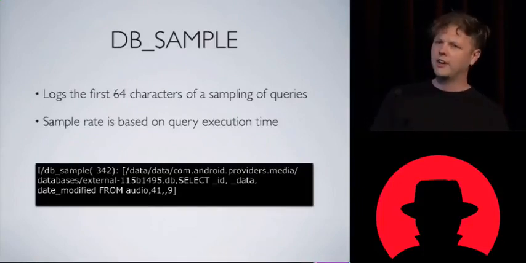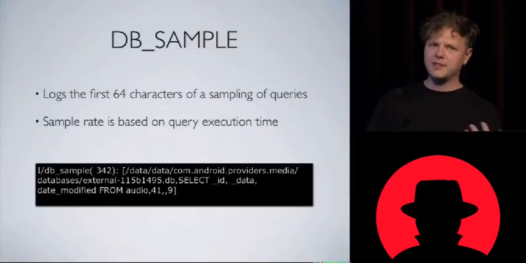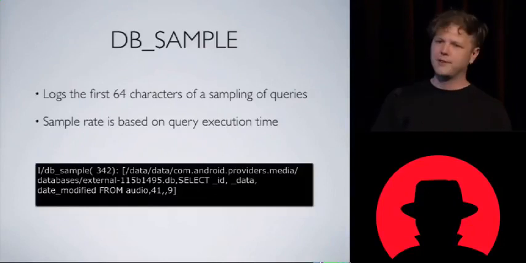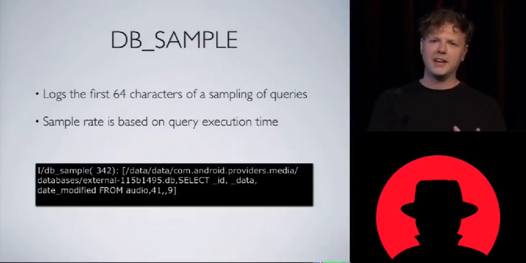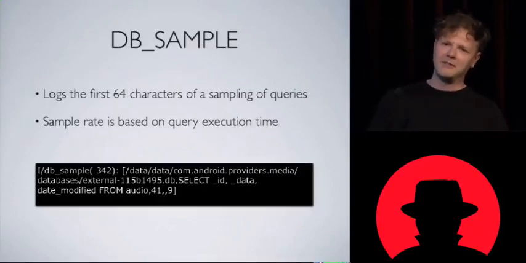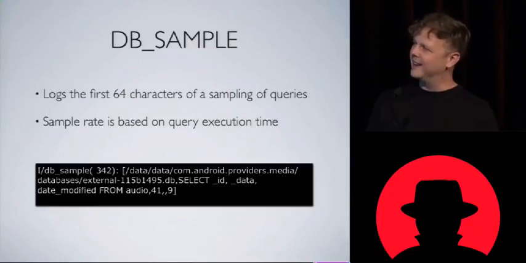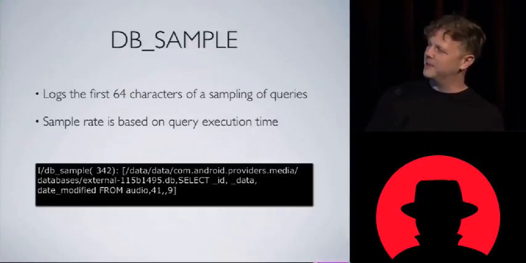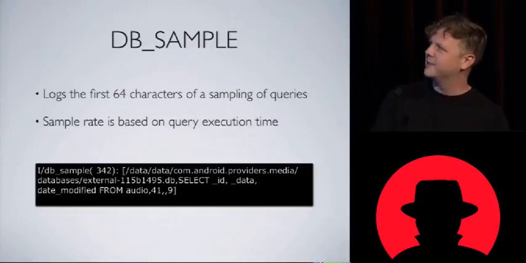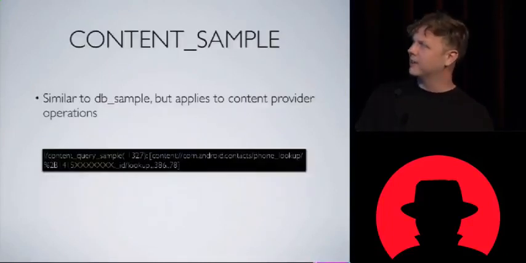And there's a hook in the SQLite database driver to actually sample sets of queries based on the runtime performance of those queries. It only logs the first 64 characters of the query, so you're not gonna see the whole thing in here. But it is something the developers should be aware of if you're concatenating statements together, and those statements contain data. They could make their way to places that you didn't actually intend and have no control over.